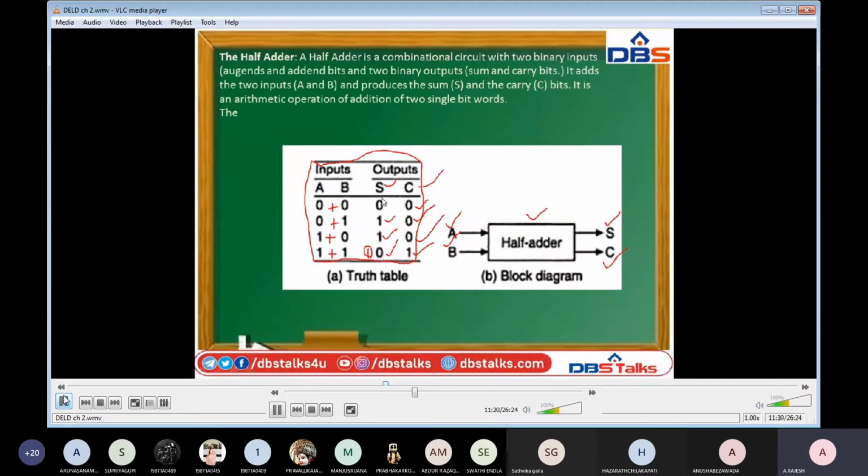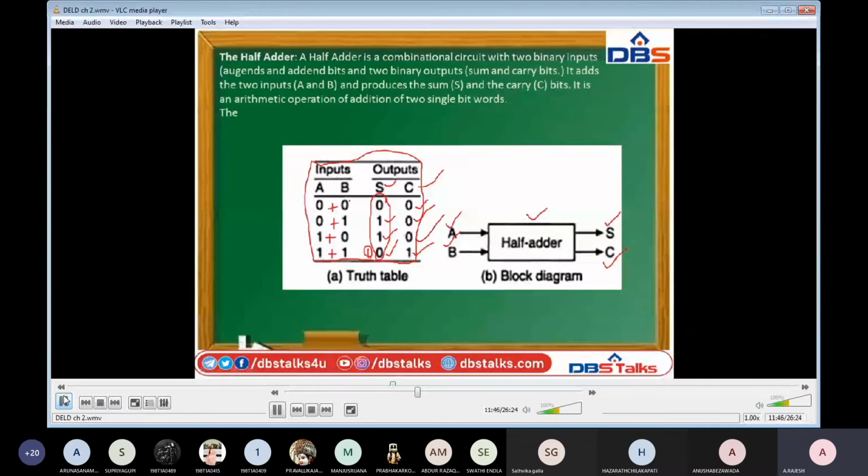Coming to this one, we are using an XOR gate here. If both the inputs are the same, then the output is 0, and when the inputs are different, the output is 1. So we need to design that.